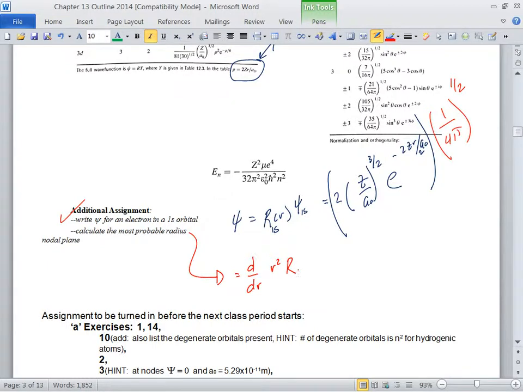And we're doing for 1s. It should be set equal to 0, wouldn't you think? Solve for r.